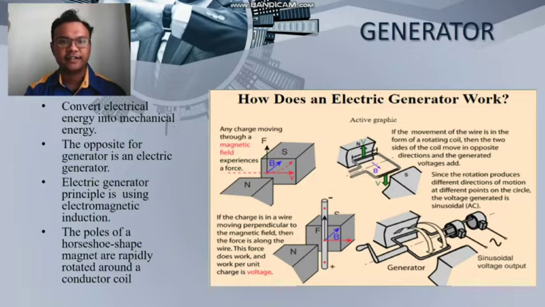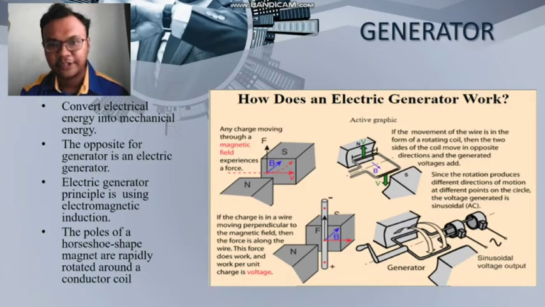The generator is a device that can convert mechanical energy into electrical energy. The opposite of a generator is an electric motor. The electric generator's working principle is electromagnetic induction. The poles of a horseshoe-shaped magnet are rapidly rotated around a conductor coil.